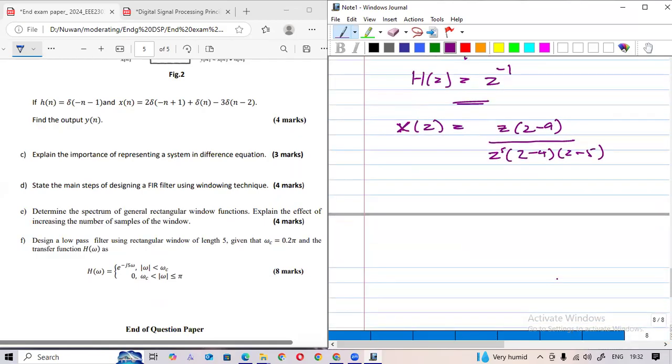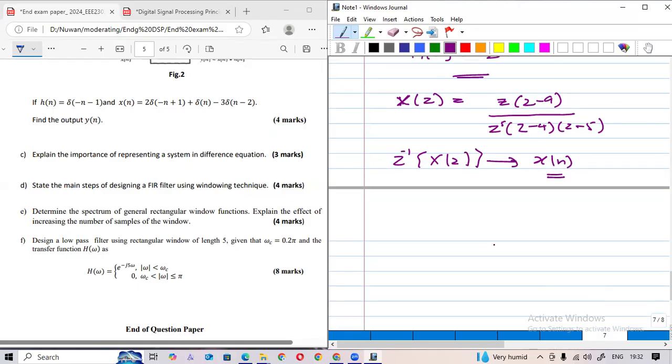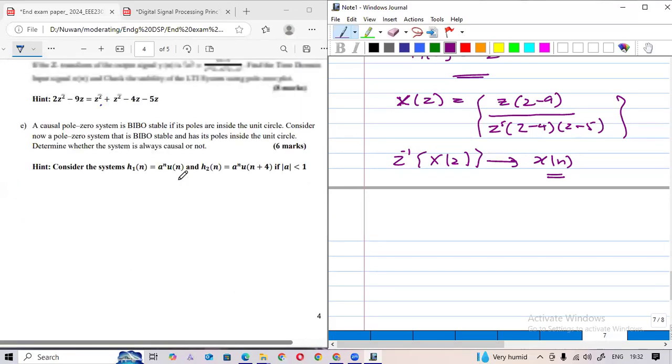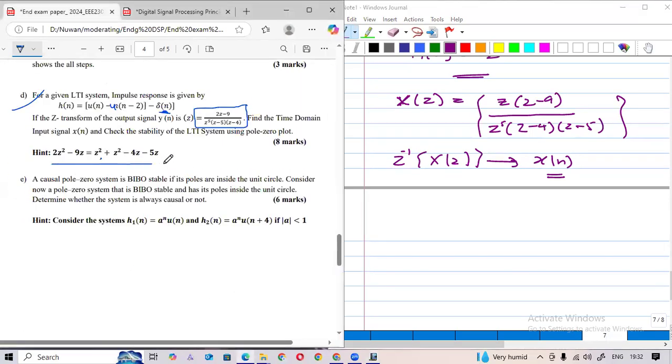Now what you need to do is find the inverse Z transform of X(z), so that you can find x[n]. For that, actually, you are given a hint, and you can use that hint in the same manner.